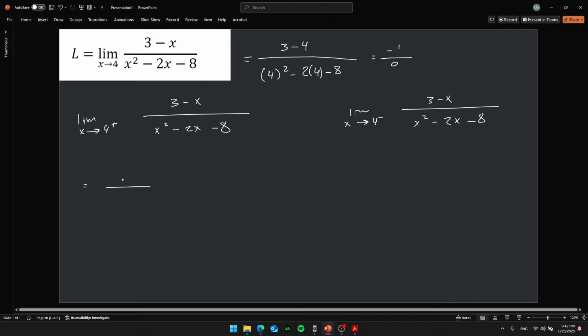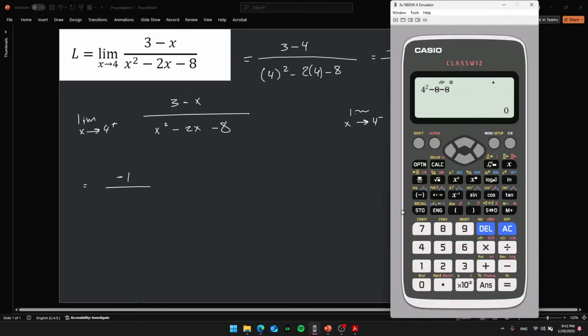So we know that the numerator is equal to negative 1, but for the denominator, we're approaching 4 from the right. So it's 4.01, let's say.